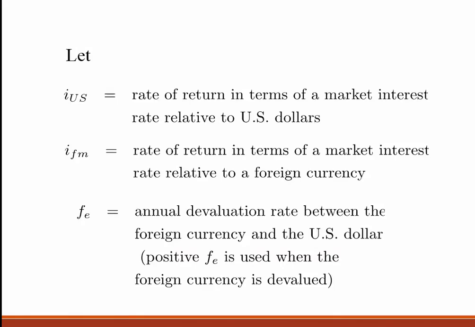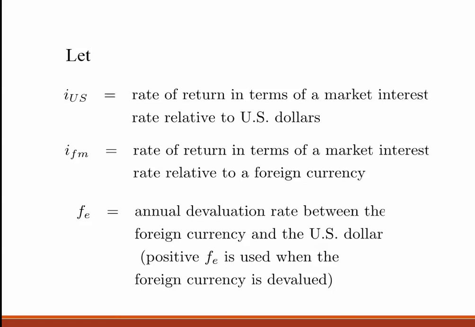I'm going to show you a formula here that is going to look like something we saw in inflation, but now we're going to see it with these new variables. I US is the rate of return in terms of a market interest rate relative to US dollars. I FM is the rate of return in terms of market interest rate relative to a foreign currency, and F sub E is the annual devaluation rate between the foreign currency and the US dollar.